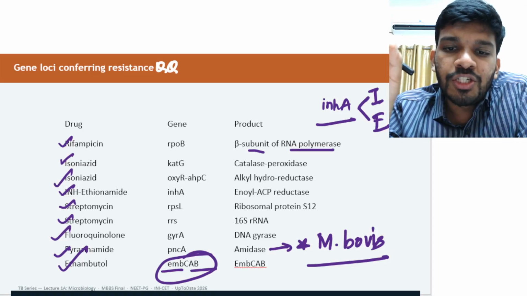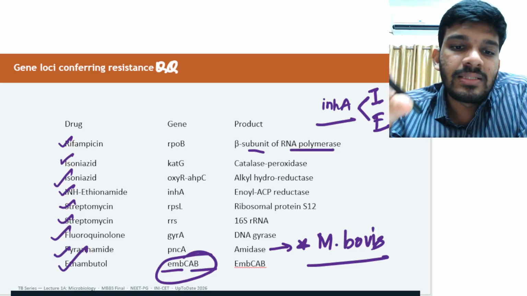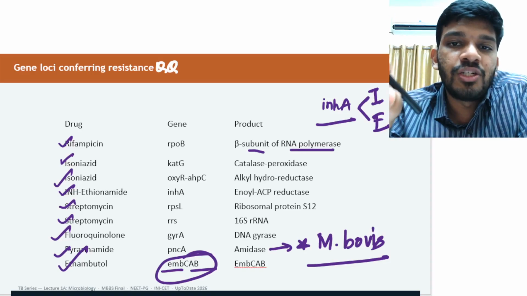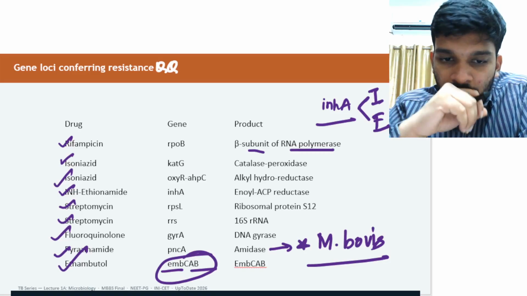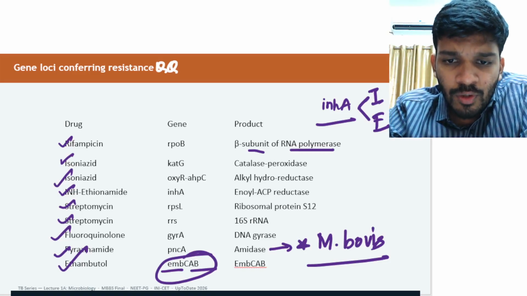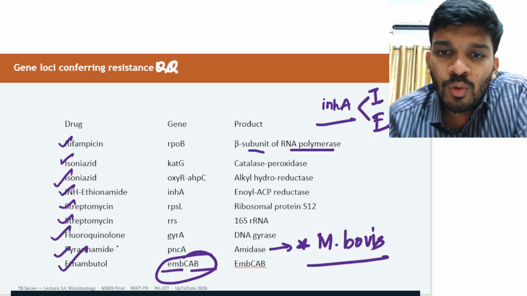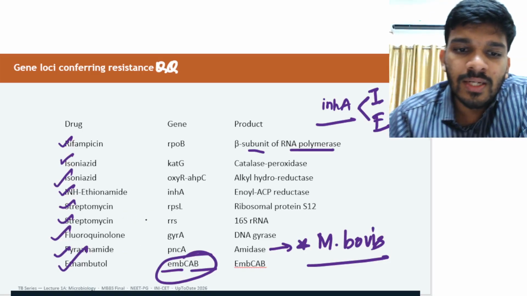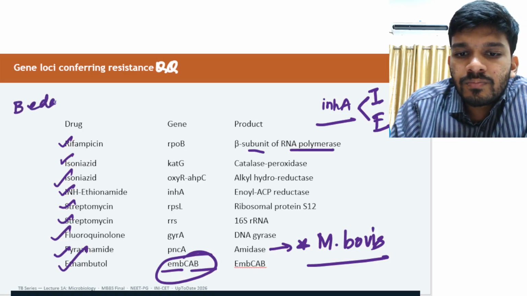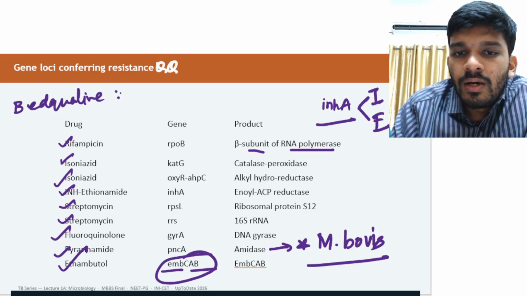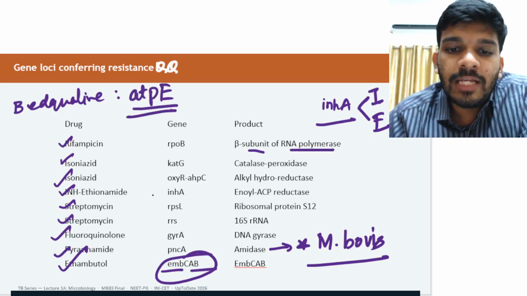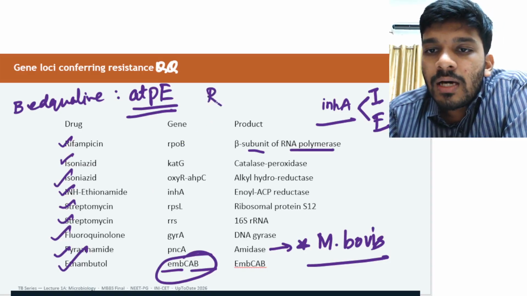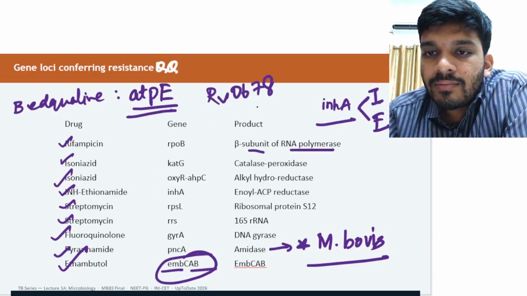The PNCA mutation is not detected by most rapid tests. Pyrazinamide detection is actually a very difficult one in a practical setting. For amikacin also you have similar ones. For bedaquiline, remember the ATPE mutation, an ATP synthase inhibitor, or the RV0678, also MMPL5 upregulation.